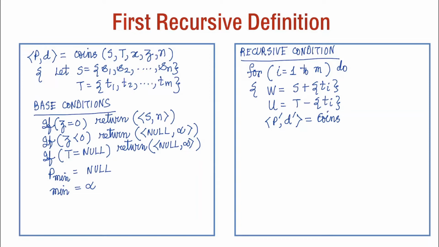We are going to call coins with w, u, x plus ti, z minus ti, and since we have chosen one more element, plus 1.